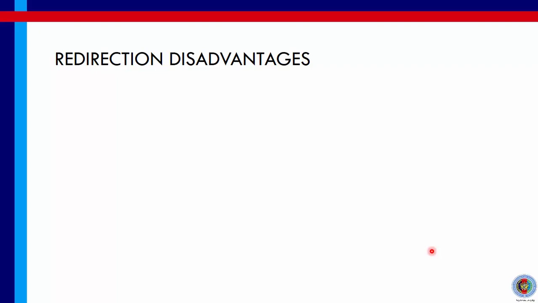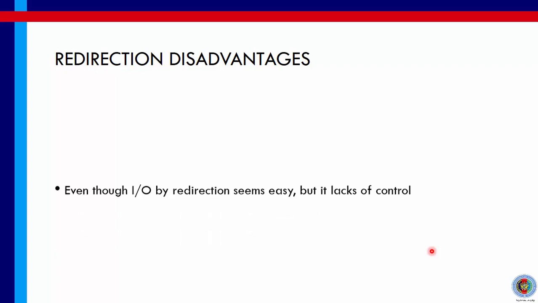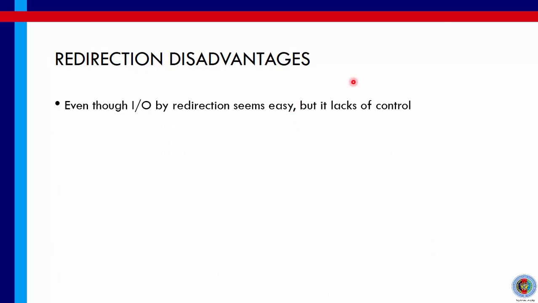Input and output to file or from file is easy, but of course, something that's easy comes with a catch, because there are disadvantages to this simple scheme. The first thing is that it lacks control.